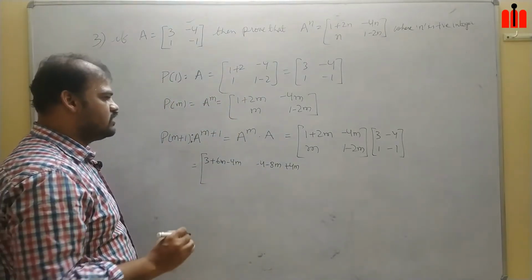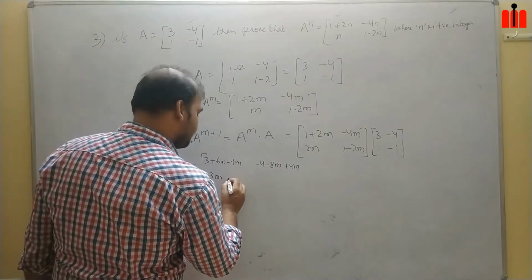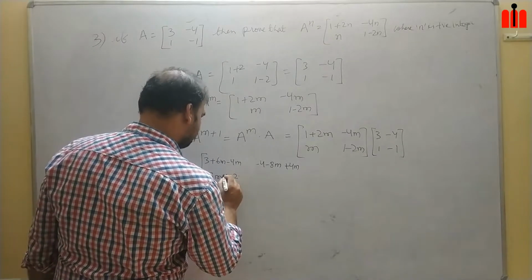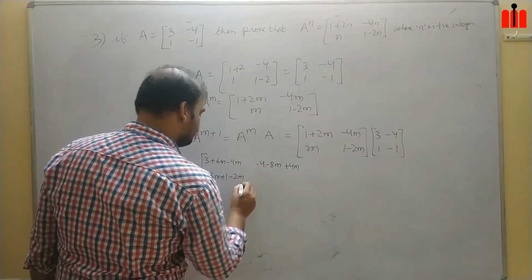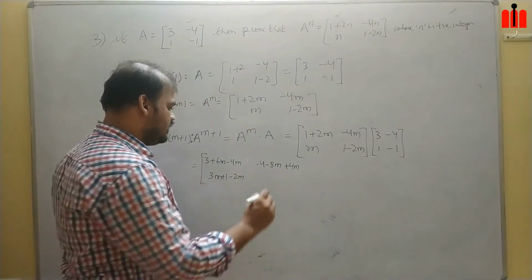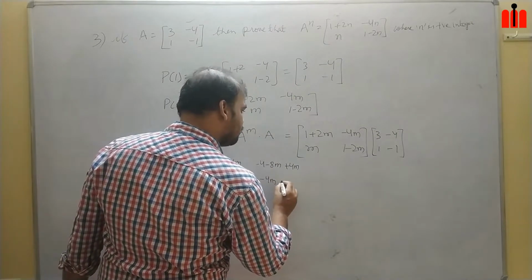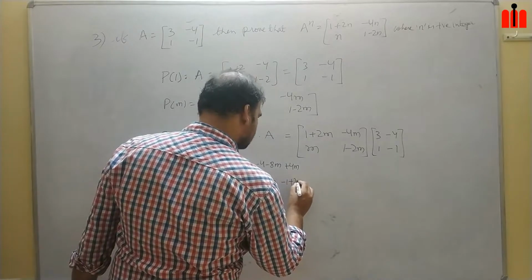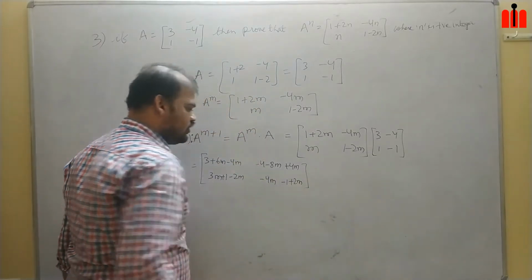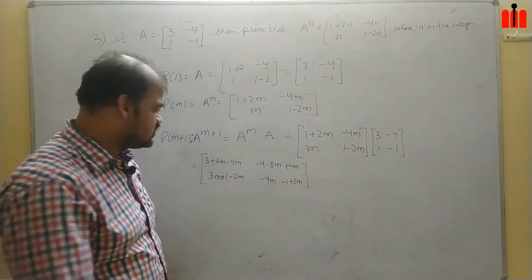Now here it is 3m plus 1 minus 2m, and the second element will be minus 4m minus 1 plus 2m. Okay, so after multiplication we got this.